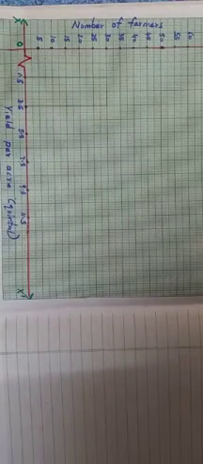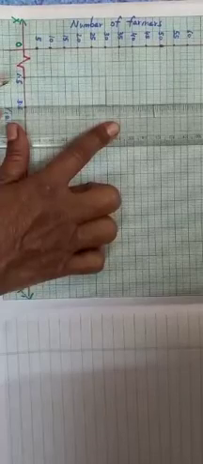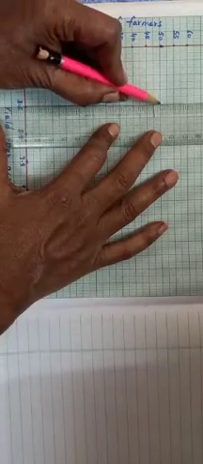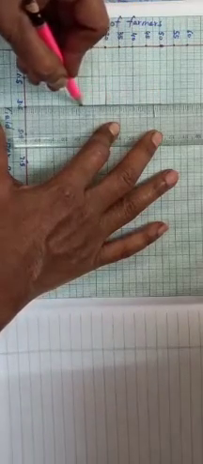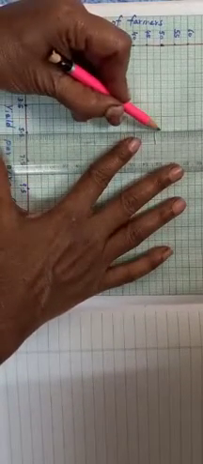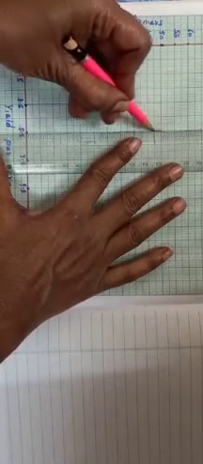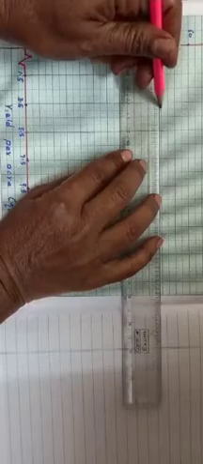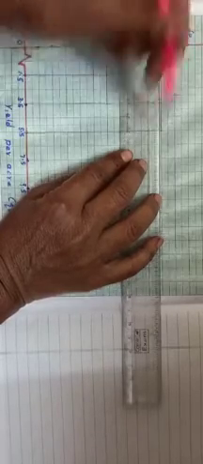Now for the second class, 3.5 to 5.5, it is 50. So here there is 50, and I will draw it like this, till 50. So for the second class we have completed.